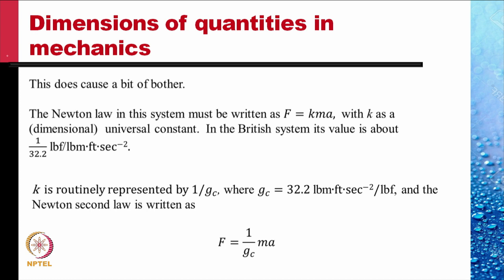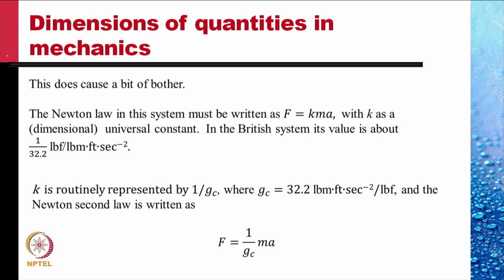Newton's law in this system must be written as F = kma, where k is dimensional. It is a universal constant in the sense that it has the same value in any experiment.